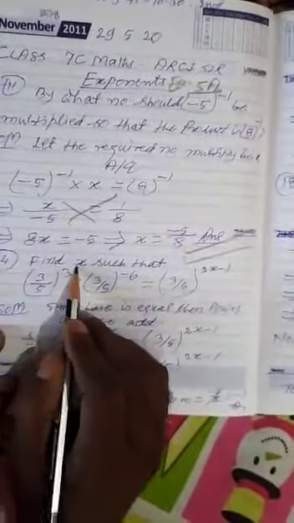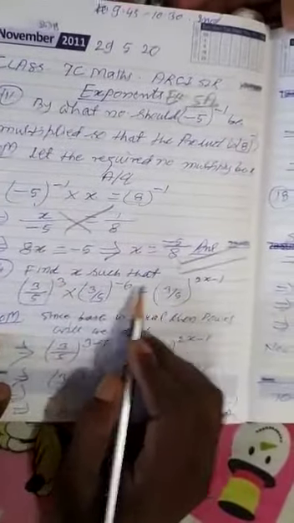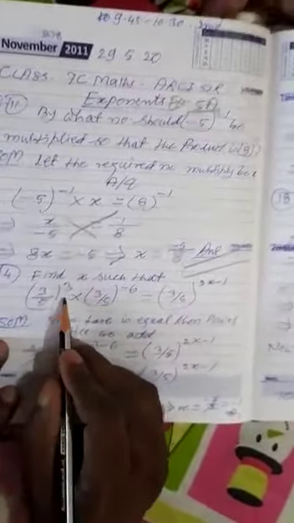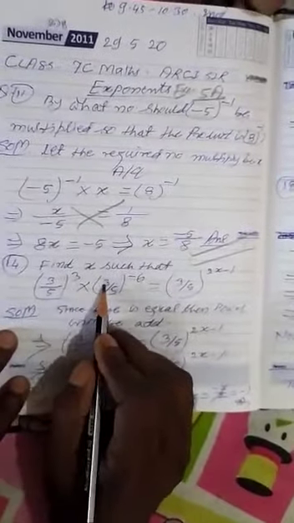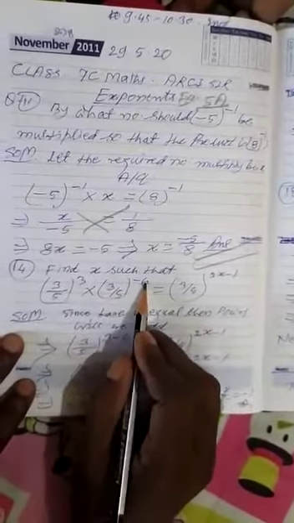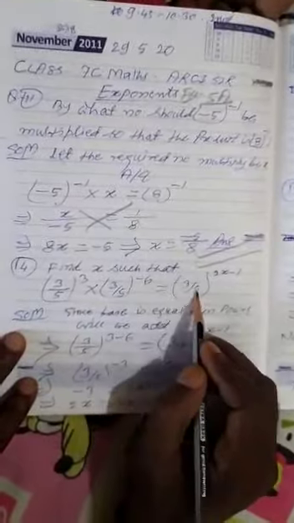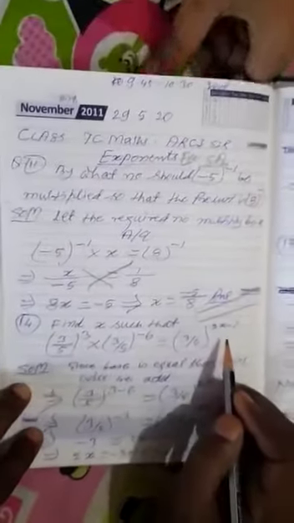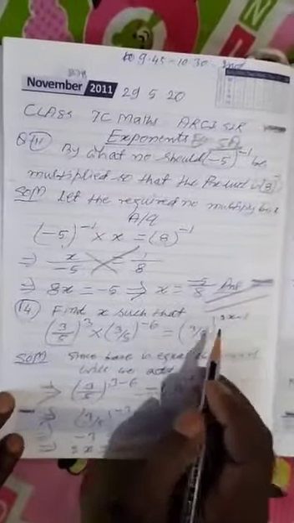Okay. Question number 14. Find x such that (3 by 5) whole to the power 3 into (3 by 5) whole to the power minus 6 is equal to (3 by 5) whole to the power 2x minus 1. Okay. Solution.